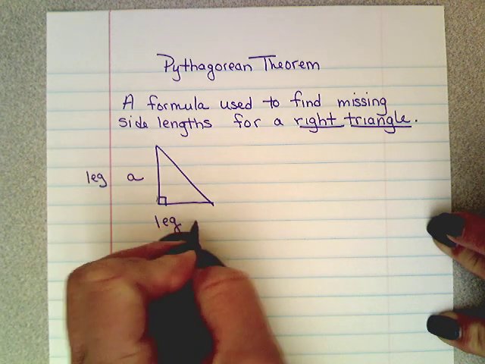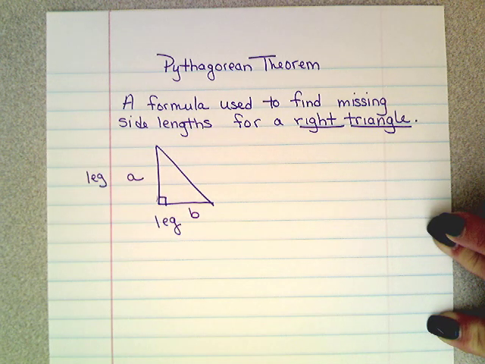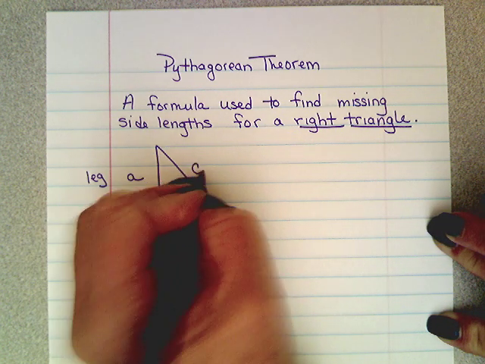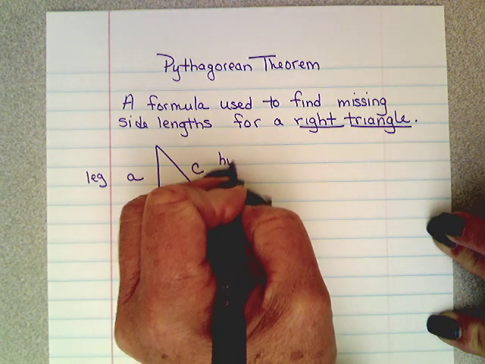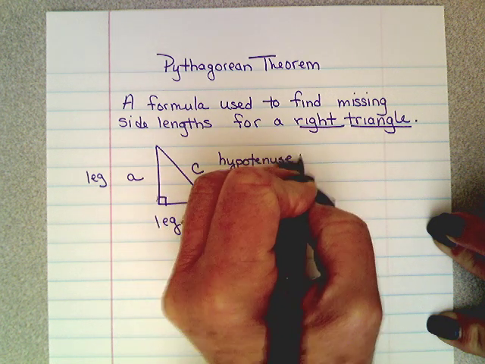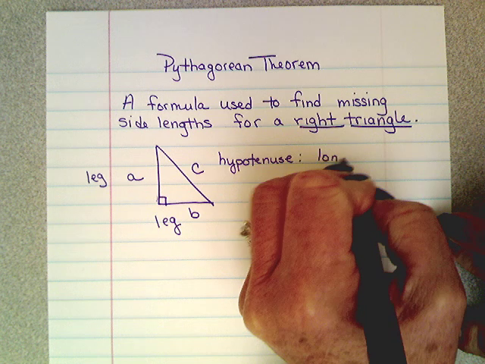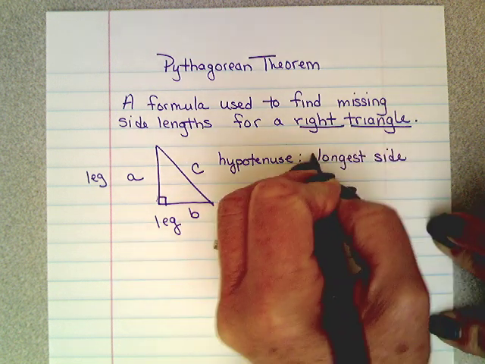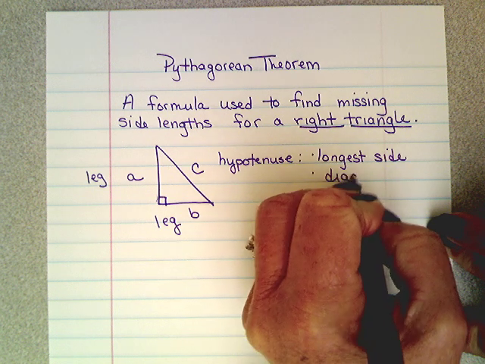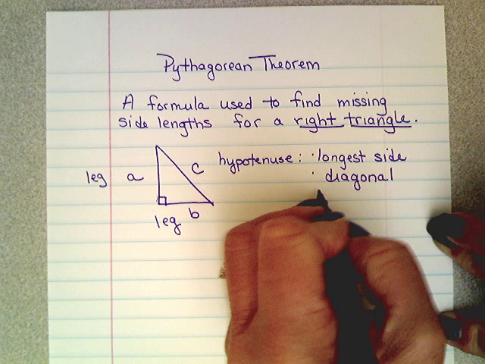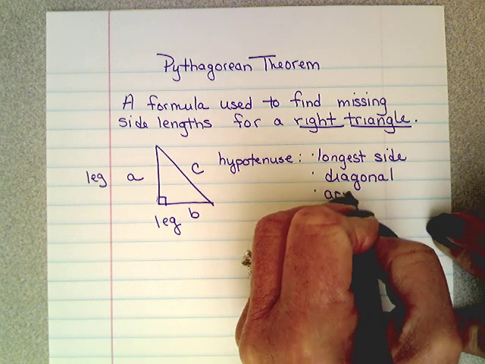That is labeled A and B. The longest side is C, and that is called the hypotenuse. It is the longest side. It is diagonal, and it is across from the right angle.